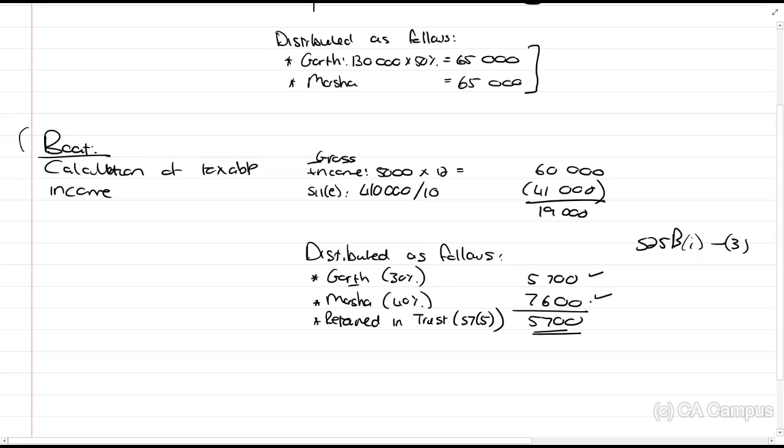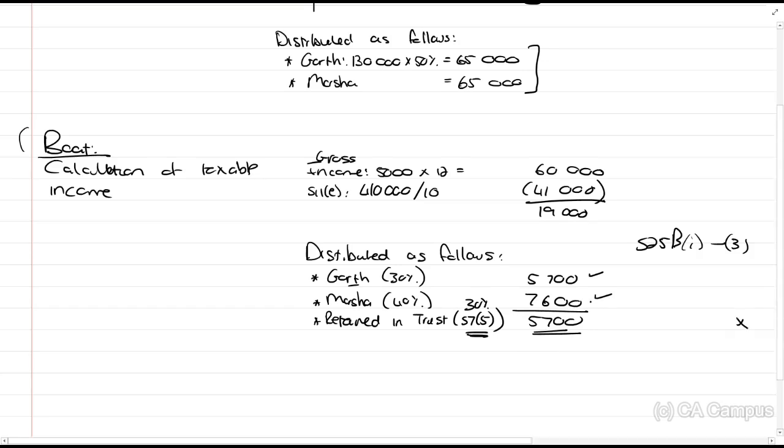So if this 5,700 rand belongs to Garth, even though it hasn't been paid out, then Alicia will still be taxed under Section 7.3, the parent. But now, that doesn't belong to anybody. It's retained in the trust, it doesn't belong to anybody. Section 7.5 is the section that will then apply. Sorry, I actually wrote that earlier instead of writing 30%. But that's Section 7.5.